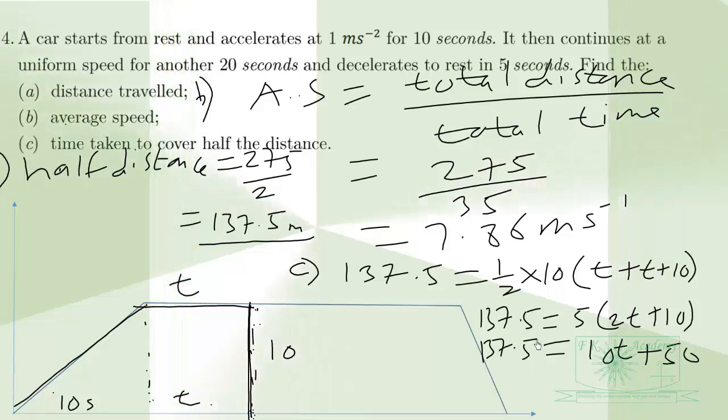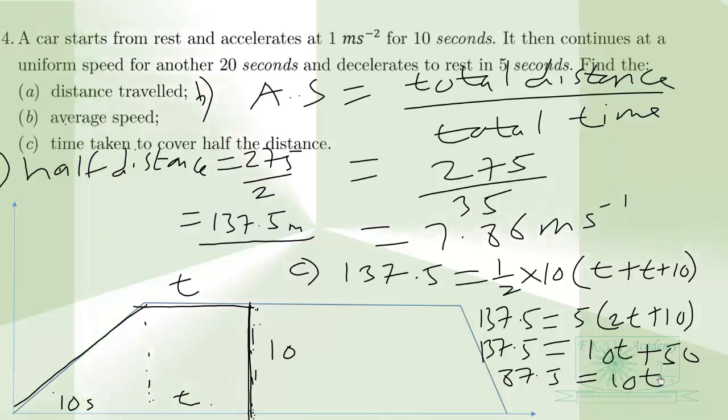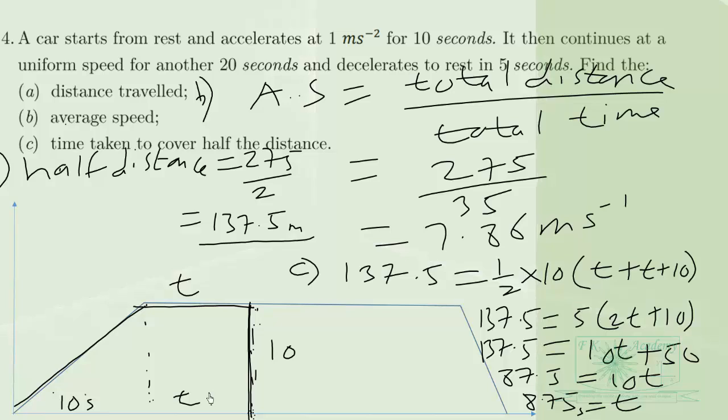So 137.5 minus 50, which is 87.5, will be equal to 10t. Dividing through by 10, you get t to be 8.75 seconds. So the time taken to cover half the journey is 10 plus t, which is 18.75 seconds.